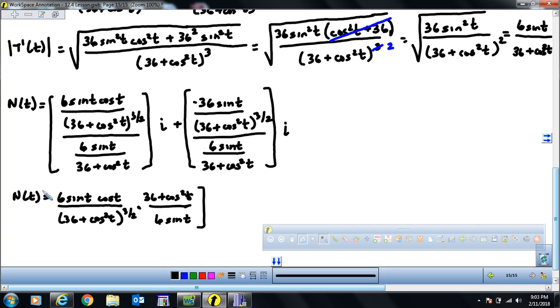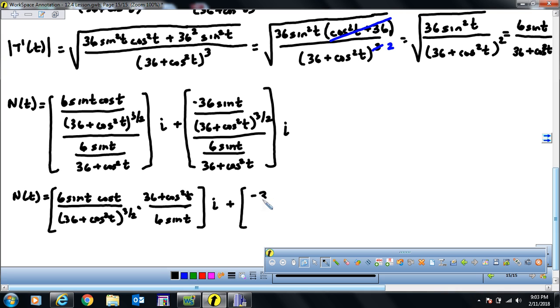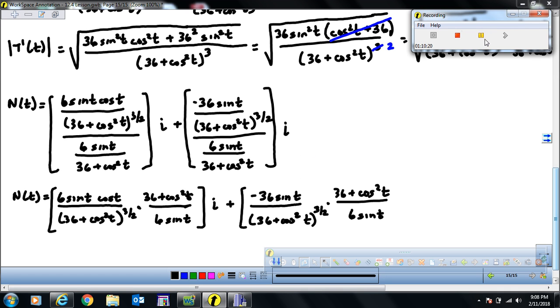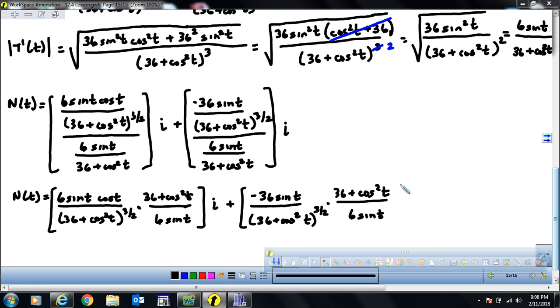That will give us the i component, plus, same thing here, multiply this fraction by the reciprocal of this one, so it's negative 36 sine of t over (36 plus cosine squared of t) to the 3/2 times 36 plus cosine squared of t over 6 sine of t. And that will give us the j component.